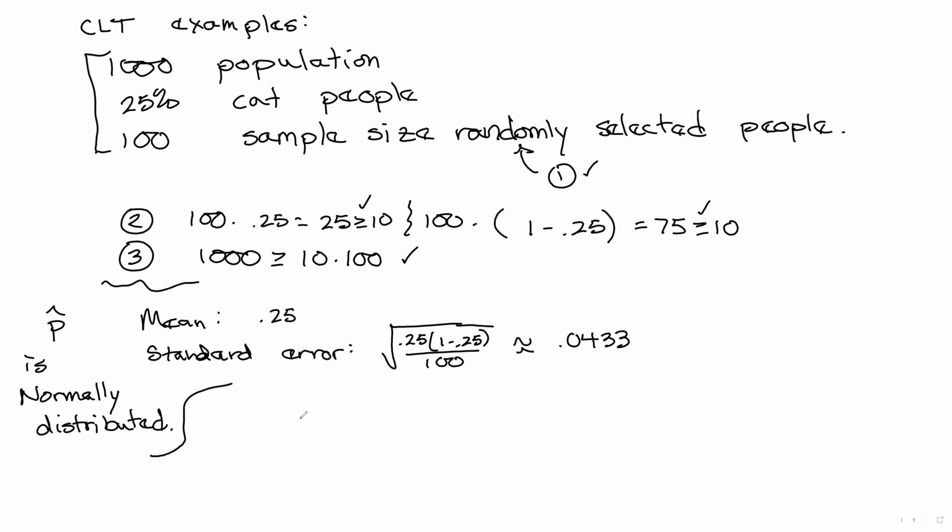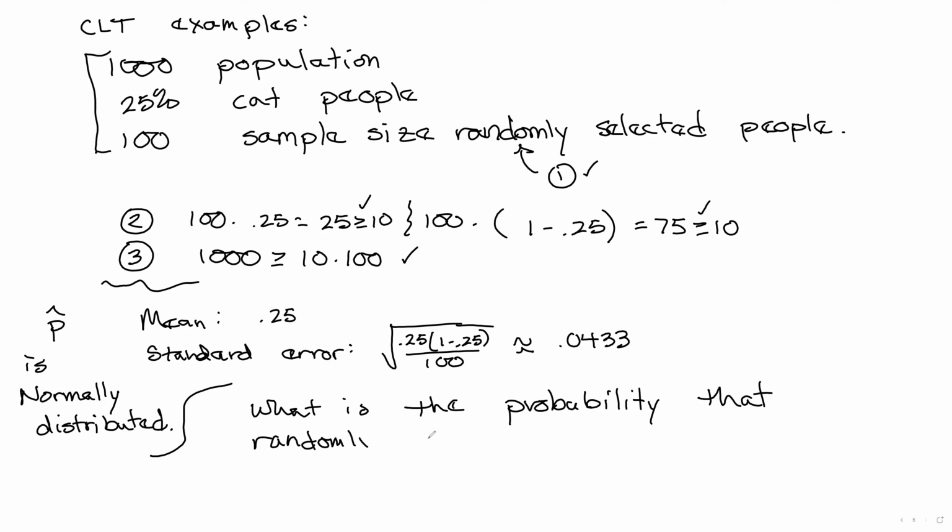But one of the things that we can do here is, what is the probability that a randomly selected survey has greater than 29% cat people?